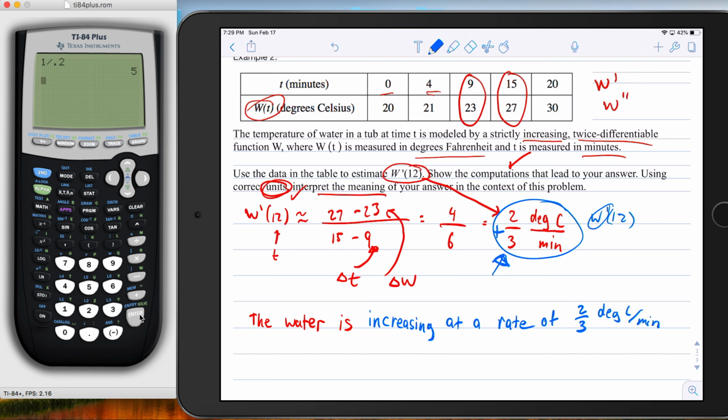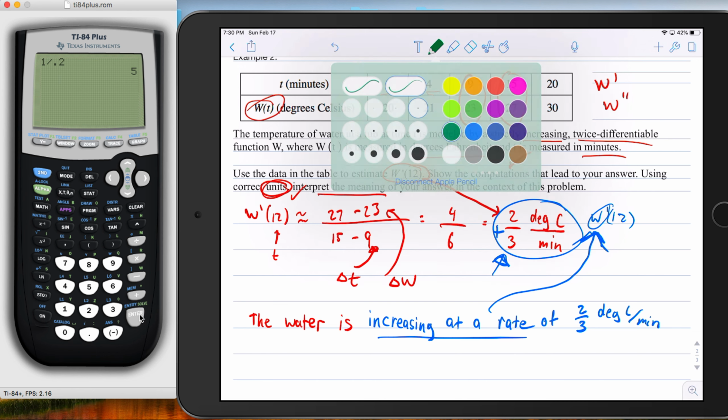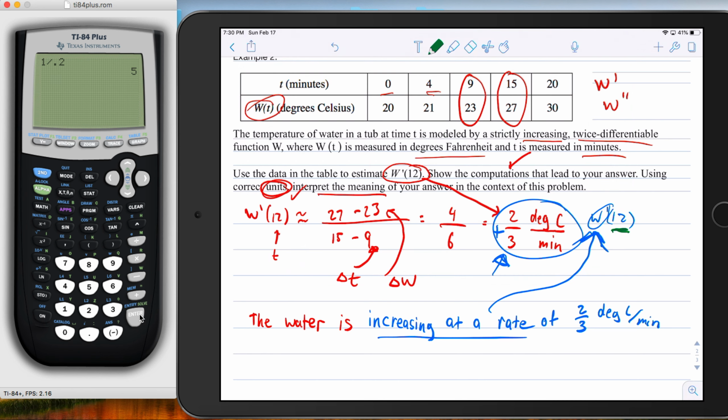And we're not done because there's one more part. We covered the increasing rate for that W prime, but we need to now talk about this 12. What does this 12 mean? It means that the water is increasing at a rate of 2/3 degrees Celsius per minute for a specific moment, right? So what is this moment?